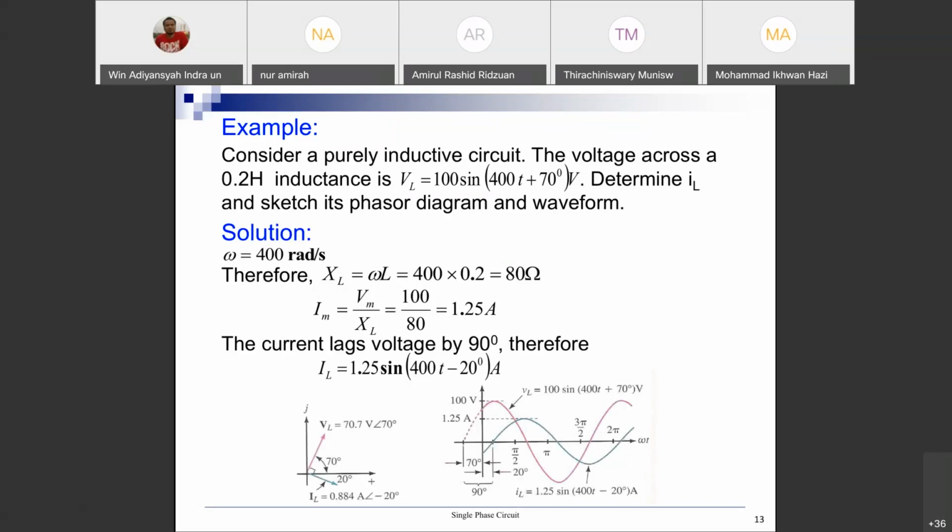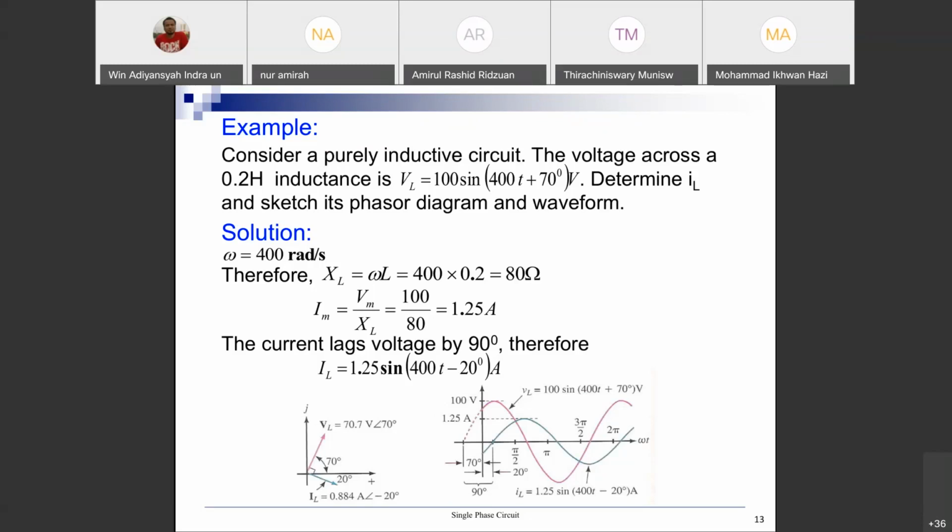Some of you asked about this question here. Example: consider a purely inductive circuit, L. The voltage across the 0.2 Henry inductor is VL = 100 sin(400t + 70 degrees).